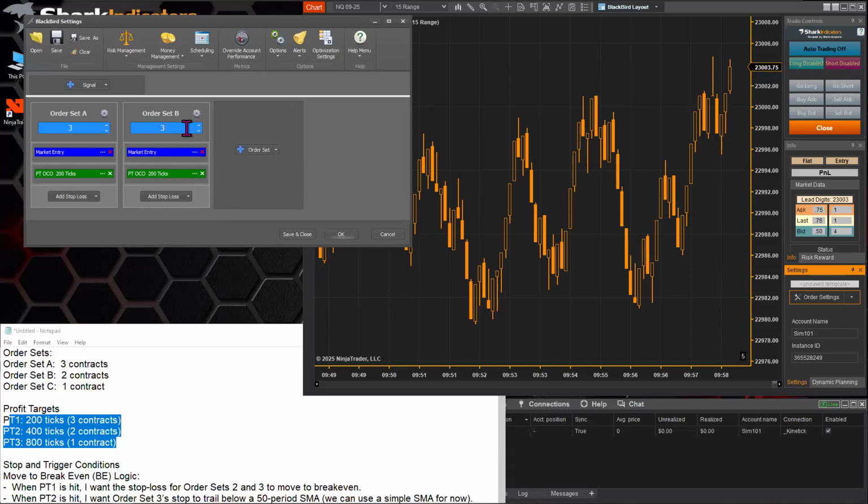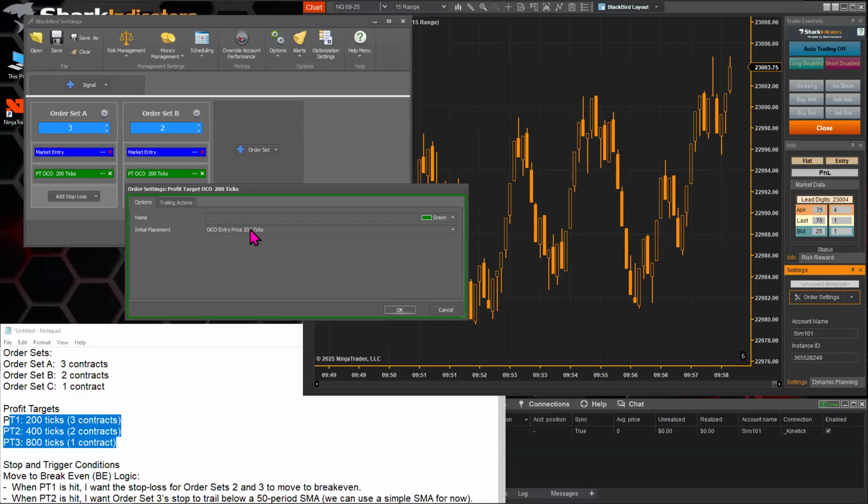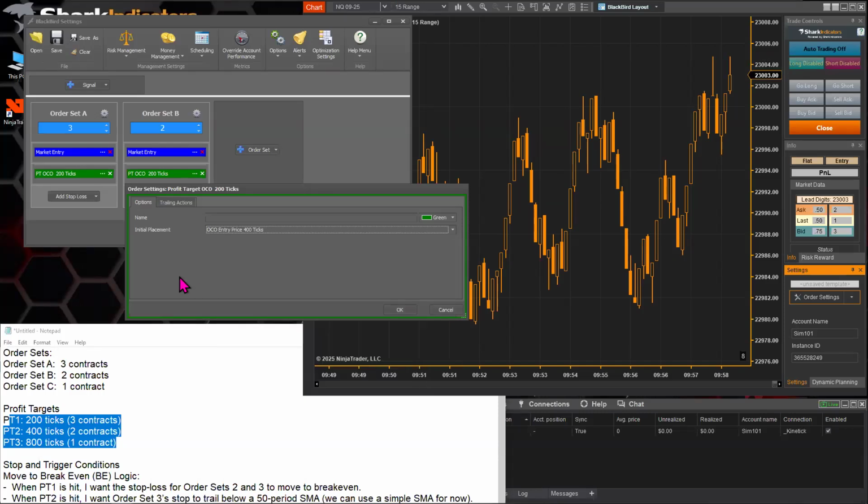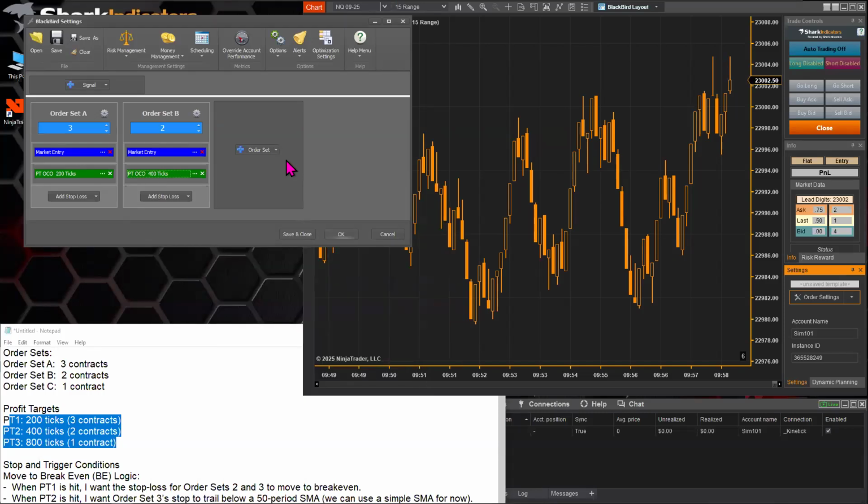So let's see here, order set B. That's going to be 2 contracts, and our profit target is 400 ticks. So let's open that up and put in 400. There we go. And one more order set.